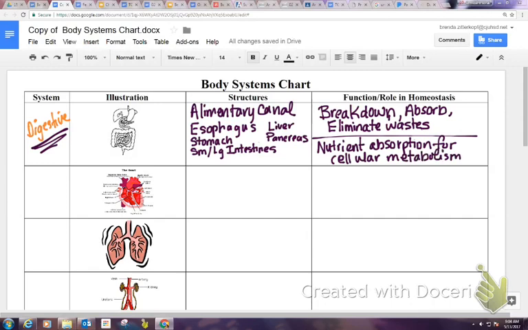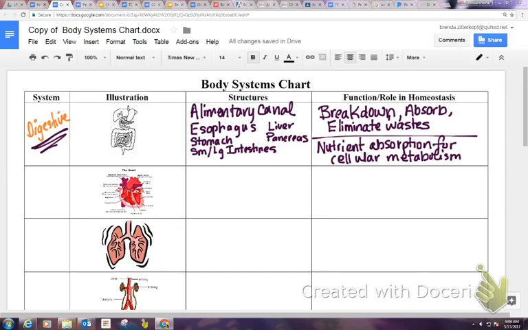So cells can't do what they need to do without the necessary nutrients, the building block molecules. A cell can't make a protein if it doesn't have the amino acids. Where does it get the amino acids? From the blood supply. Where does the blood supply get the amino acids? It gets it from the digestive system and absorption. Okay.